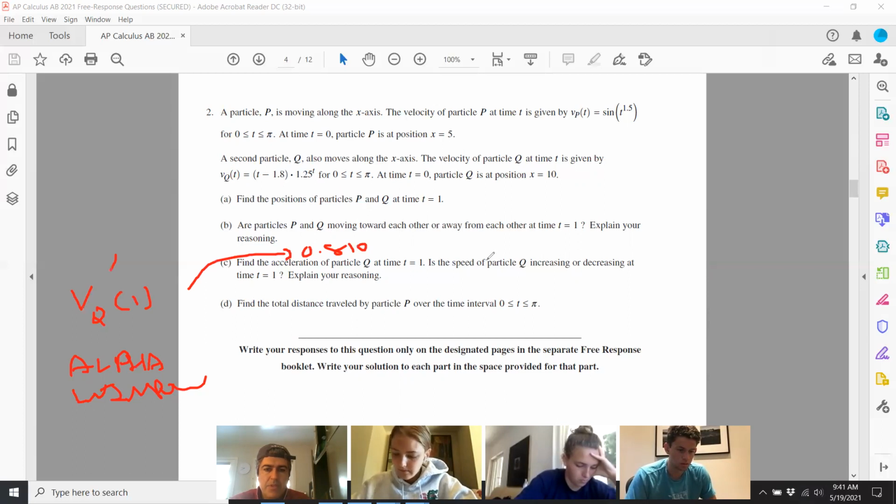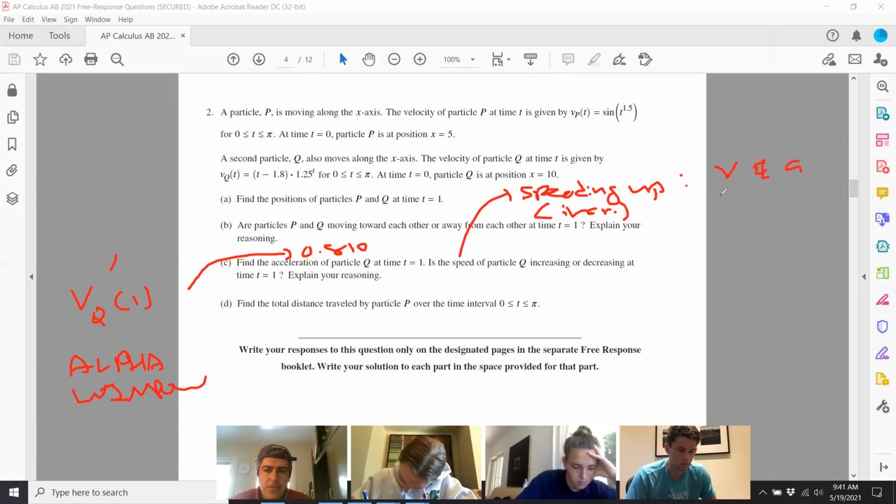And then for speed, we're speeding up, or increasing speed, when velocity and acceleration are both positive or both negative.